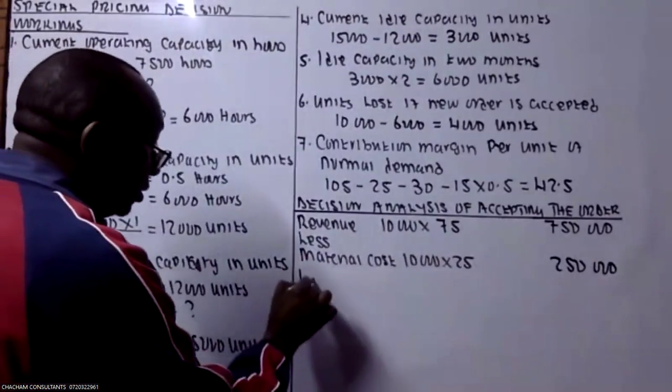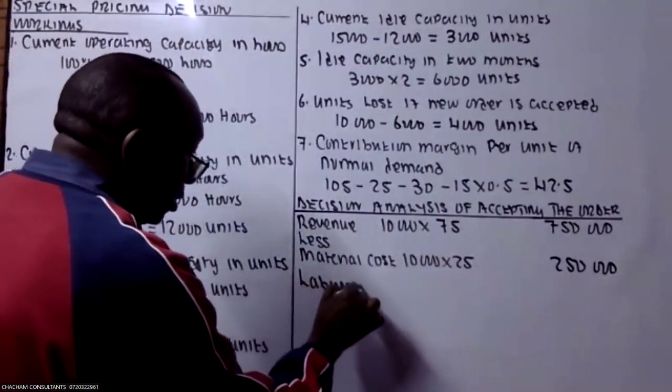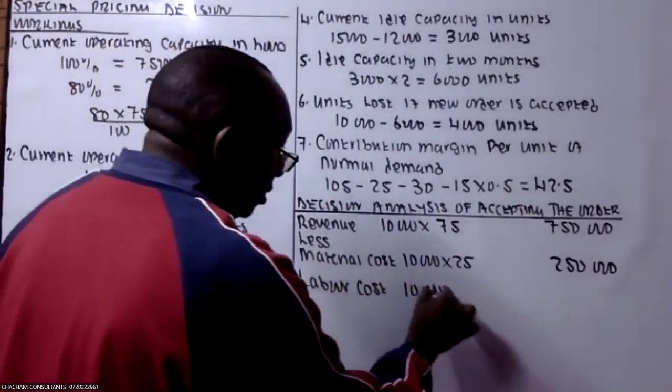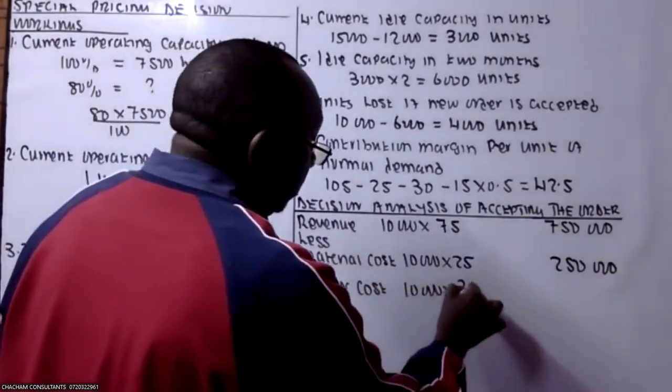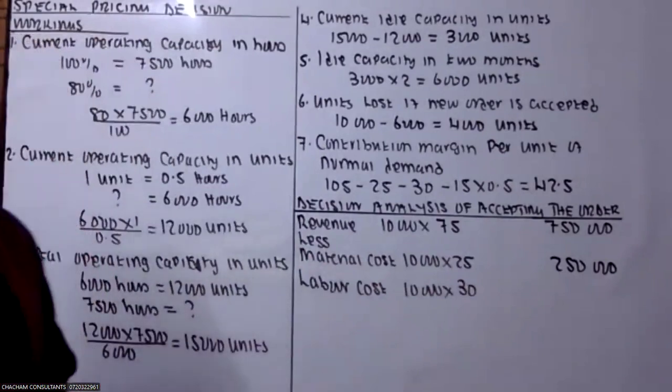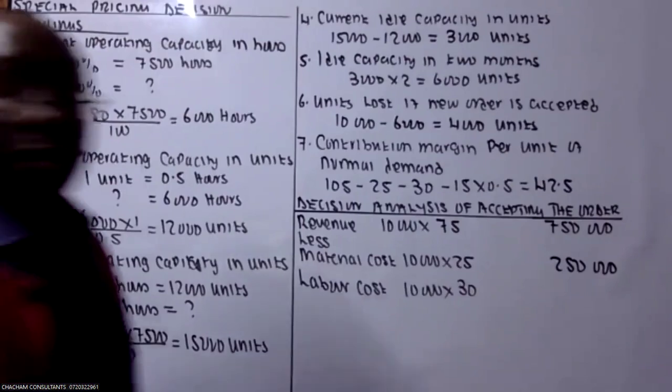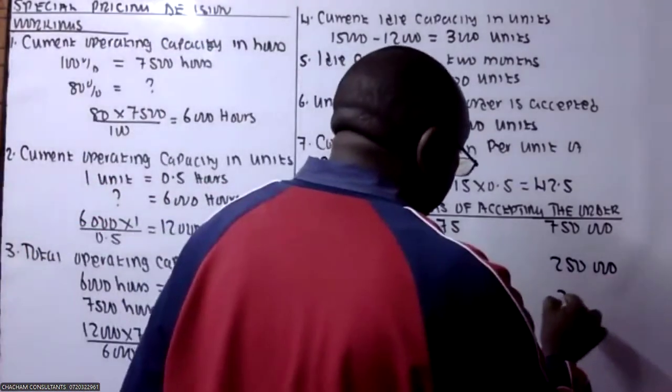Labor costs: 10,000 times 30, which is 300,000.